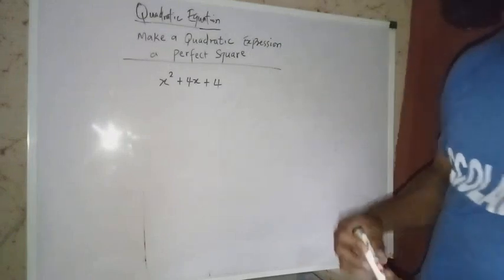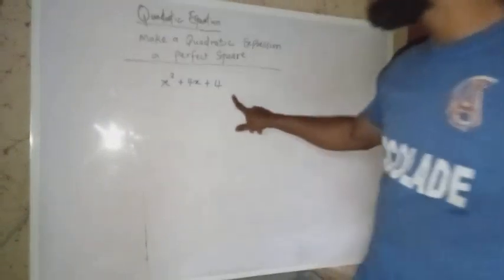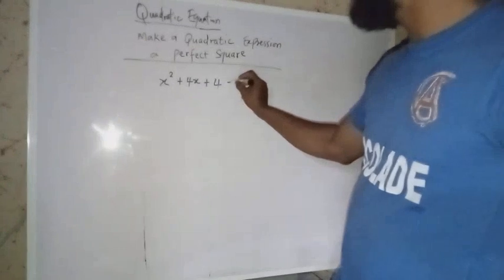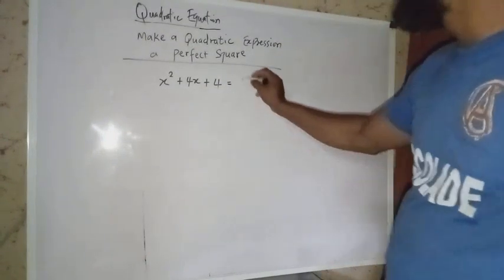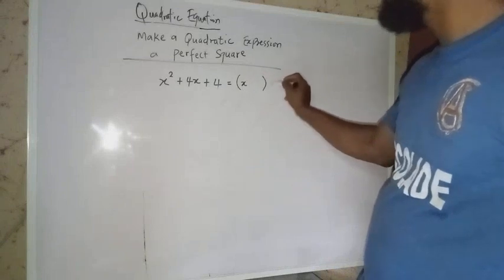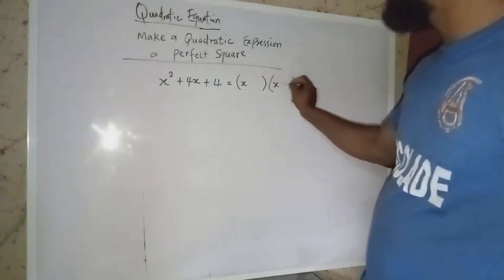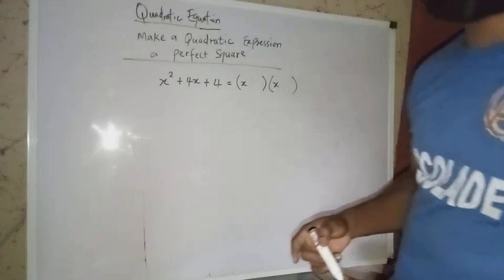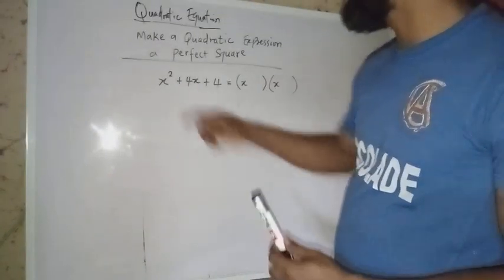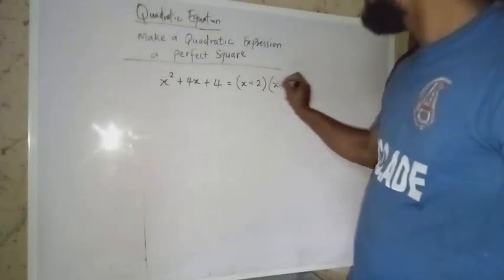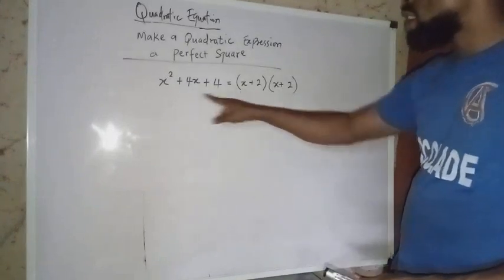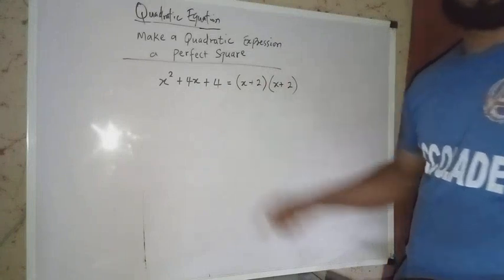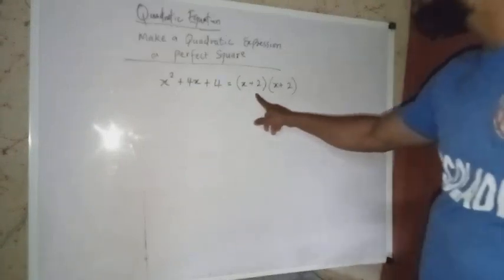So if you factorize this quadratic expression, you're going to have, just following our normal method of factorizing, x and x here. What are the two things that if I multiply, I'll get 4, when I add, I get 4? It is 2. So I have plus 2 plus 2. So you can see now I have x squared plus 4x plus 4, and that is equal to x plus 2.